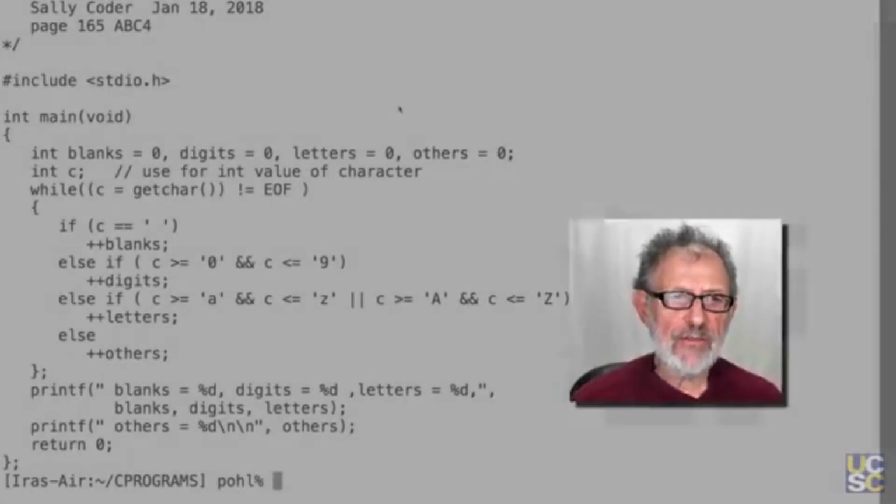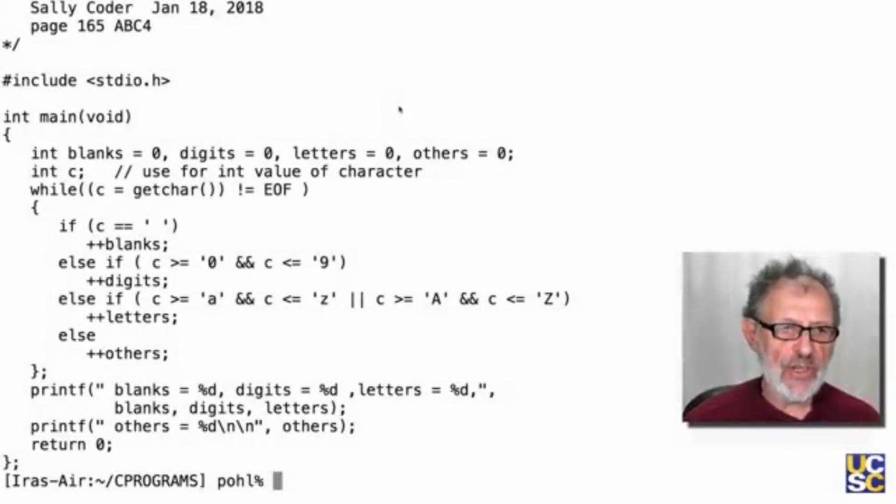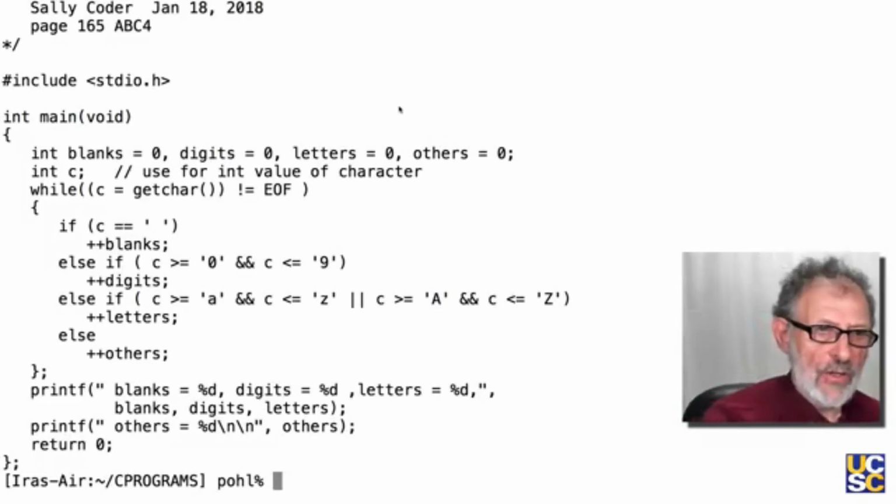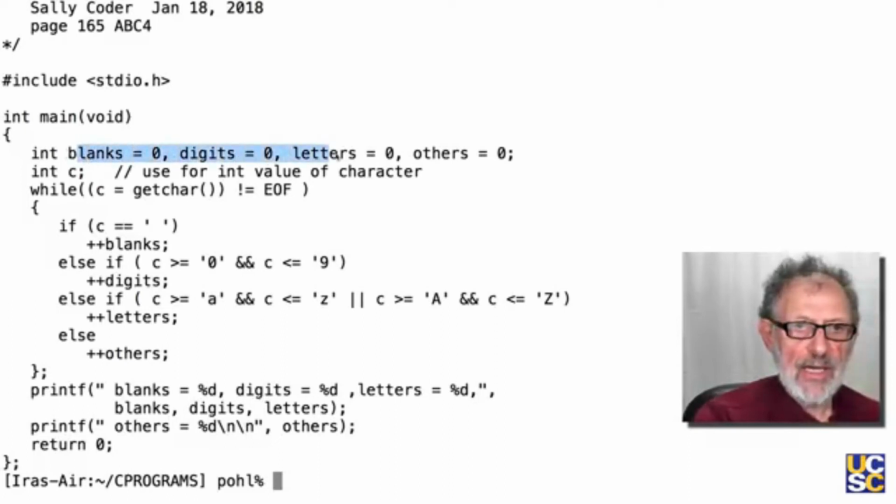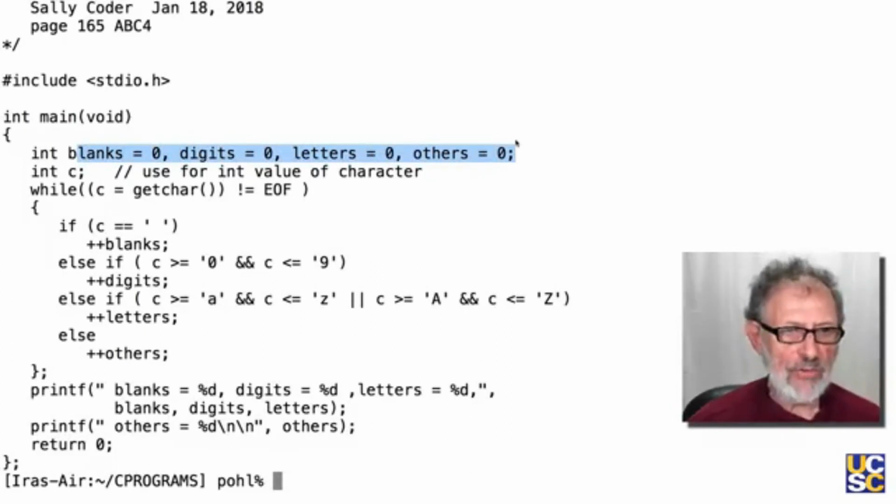Okay, we've completed explaining some of the critical details of this code, but now let's see the code in detail and make sure it works. So we're going to create a variable for each kind of item, each character we're trying to count: blanks, digits, letters, others.